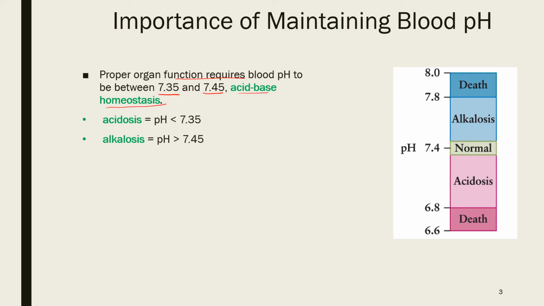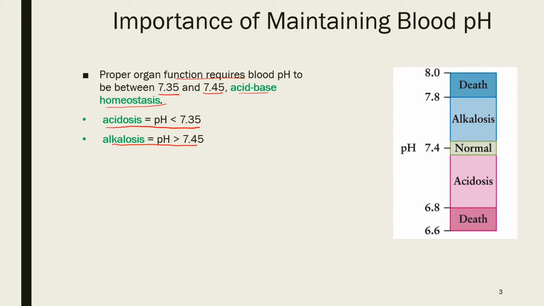Many medical conditions, including kidney disease, stroke, and depression of the respiratory center by drugs and poisons, can cause acidosis or alkalosis. Acidosis is a condition in which the pH value falls below 7.35. Alkalosis is a condition in which the blood pH value rises above 7.45.